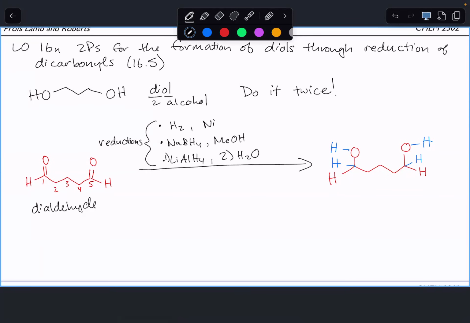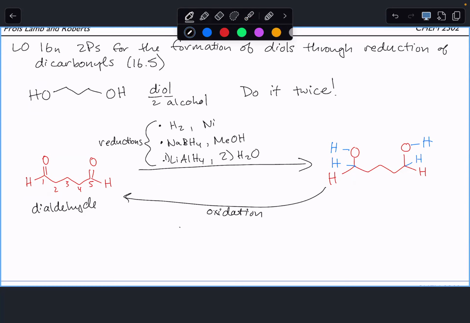And then just as a note and as a review, we could go back from the diol back to our aldehyde doing oxidation. If we remember the conditions that we have used for that, we have to stop at the aldehyde, right? These are primary alcohols, because this carbon has 2 hydrogens on it. So if you use too strong of an oxidant, it will go up to the carboxylic acid.